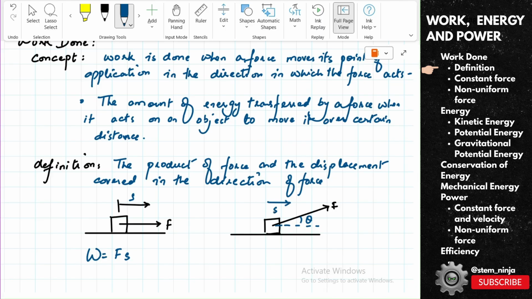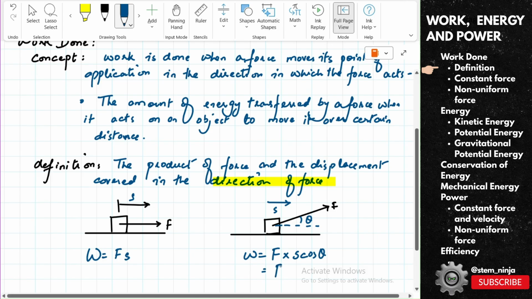Since we want the displacement covered in the direction of force, we take force times S cos theta, or Fs cos theta.